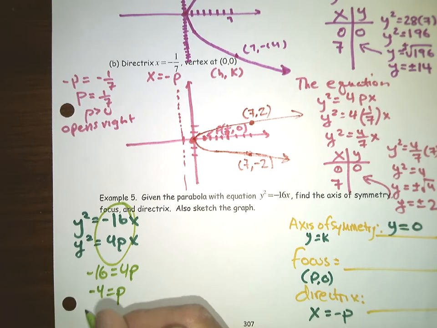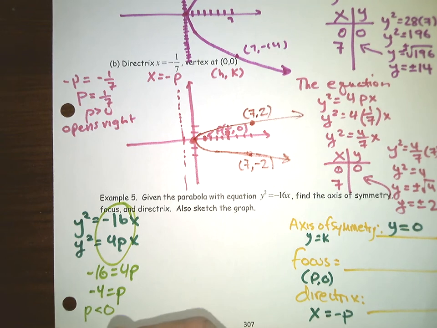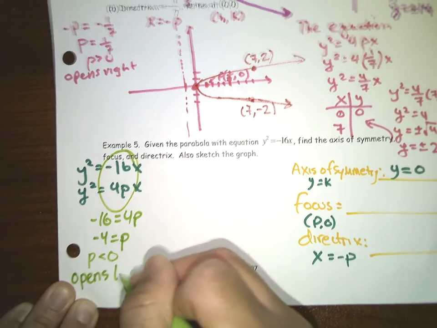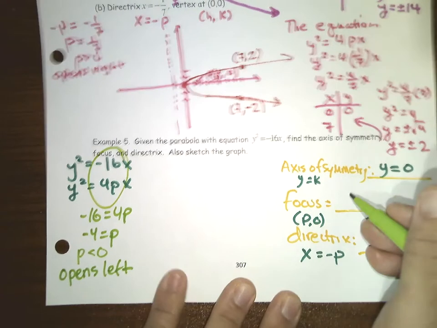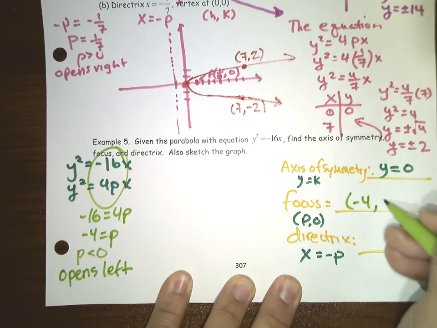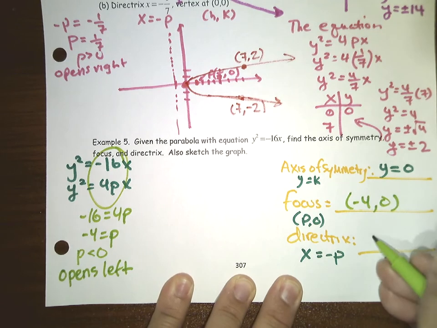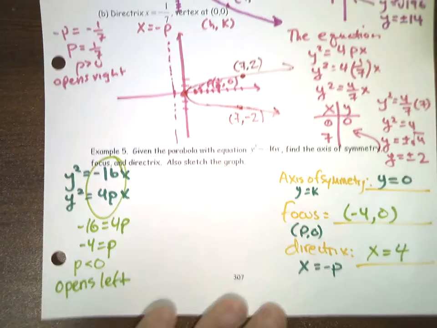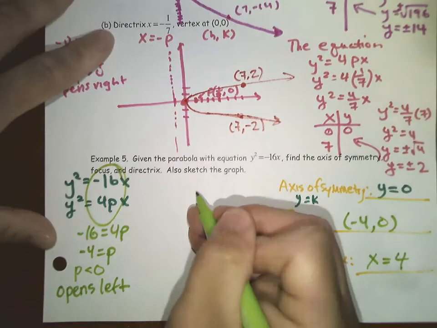So because p is less than 0, or it's negative, this is going to open to the left. All right, so this opens left. So we have negative 4, 0, and the directrix is at x equals the opposite of that, a positive 4.